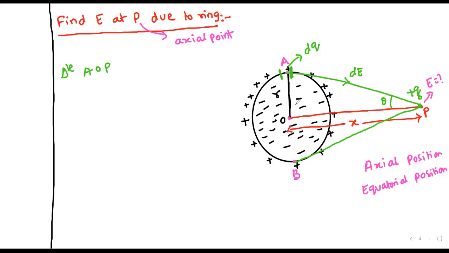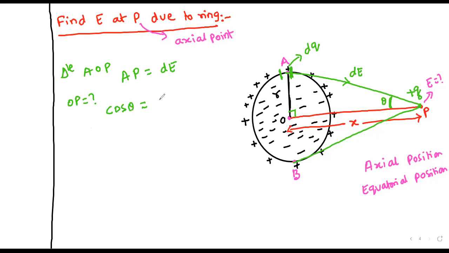At O it is a right angle. So I can write AP is equal to dE, by using theta. I want to find the value of OP. OP is adjacent to the angle, so I'll consider cos theta.